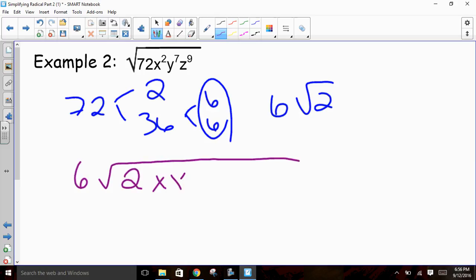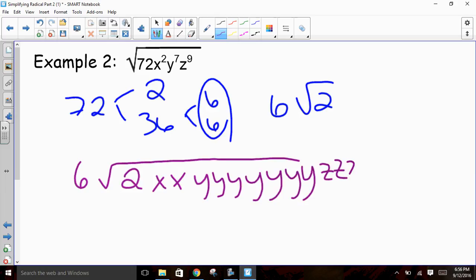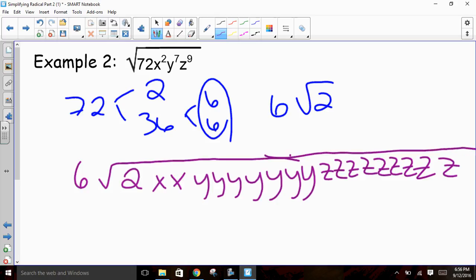I have x, 1, 2, 3, 4, 5, 6, 7. 1, 2, 3, 4, 5, 6, 7, 8, 9. Remember, it looked like originally my z's were not all under that square root. So I made my square root sign longer to make sure that you are all aware that my z is actually underneath that square root sign.